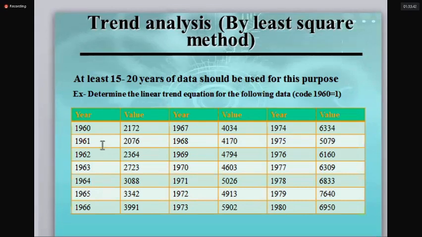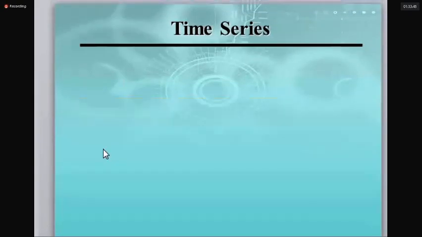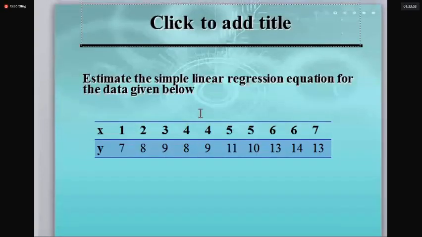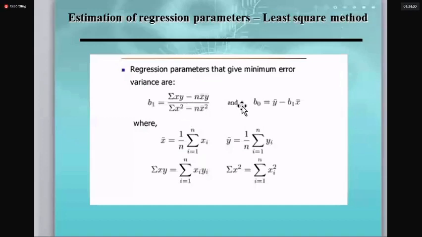So it is assumed that there is a linear relationship. Then what we can do is make this type of table. X values are there, Y values are there, then X squared, then XY. You can complete the table and use these formulas and find the regression equation.